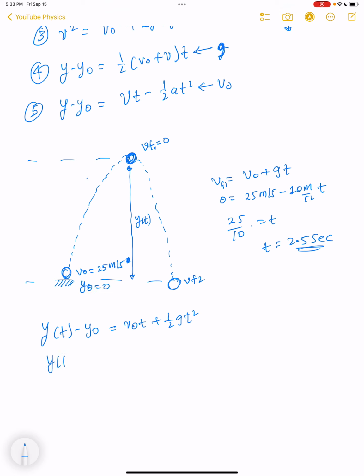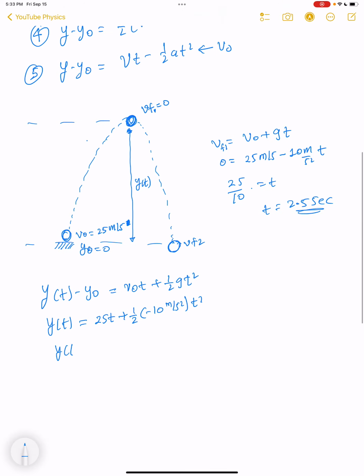So y of t equals 25 t plus 1/2 times minus 10, don't forget the sign here, t squared. This gives us y of t equals 25t minus 5t squared.